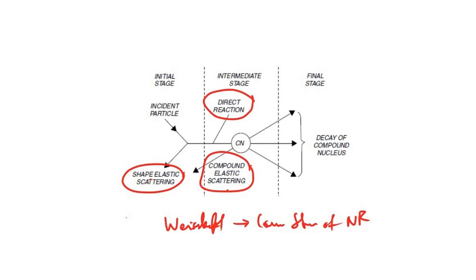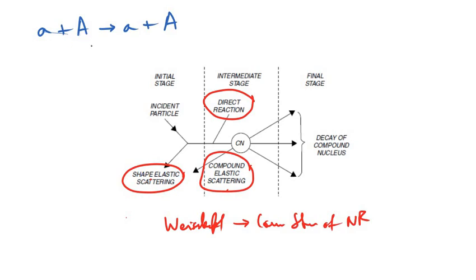You see, what I am saying is that A plus A again forms A plus A. Now what has changed? Say kinetic energy somewhat is changed, just like in a billiard ball collision, and the direction is changed. So this is your shape elastic scattering.